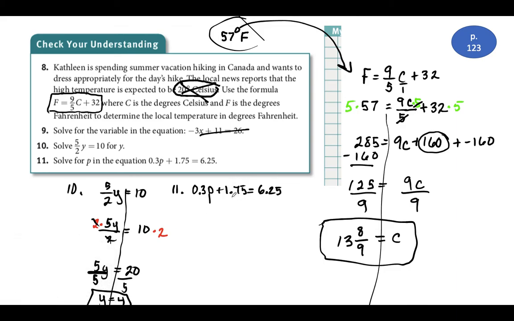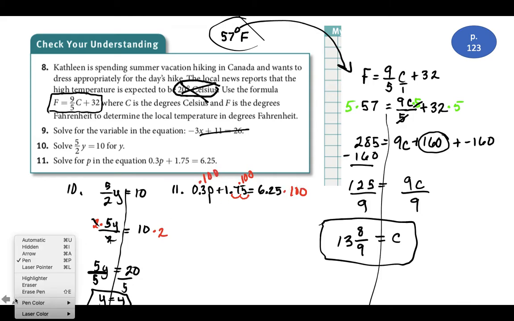Because in order to turn this into a whole number, I've got to scoot the decimal 2 places. Agreed? 2 places. Same thing for the 6.25. So I'm going to multiply times 100. Every term, both sides. Always has to be the exact same number times every term on both sides.